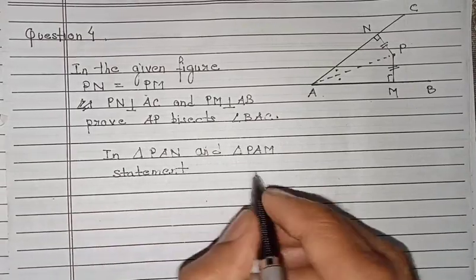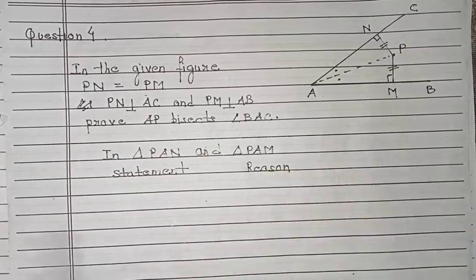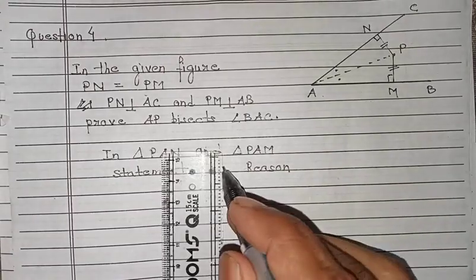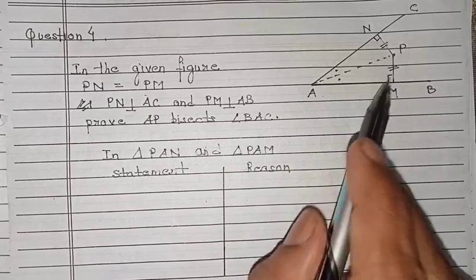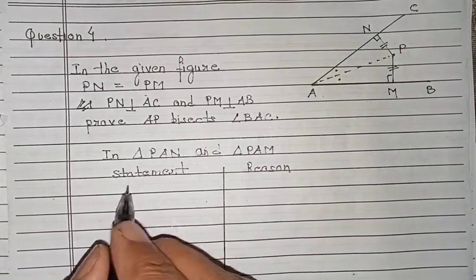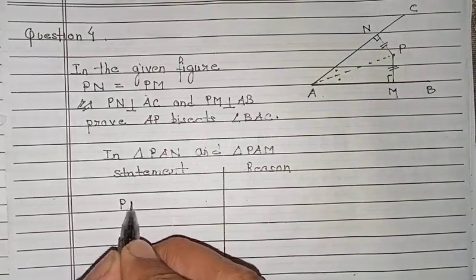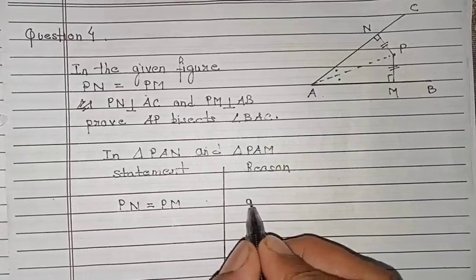So we have the two columns of statement and reason. Now in these two triangles, first of all you can see that PN is equal to PM. This is already given in the question that PN is equal to PM. This is given.